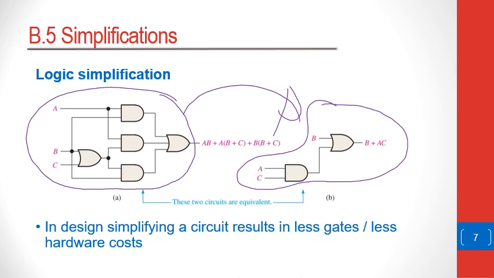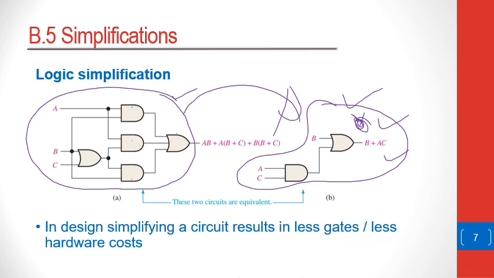Now, if we are going to implement a digital system, from observation it would be better to implement this one as opposed to that, simply because this particular expression uses fewer logic gates. So you have 2 logic gates achieving the same functionality as 1, 2, 3, 4, 5 logic gates. If we know the properties of the logic gate, we know that this circuit will use less power. On top of that, this circuit will be much, much faster. So because of that, we want to optimize our design.